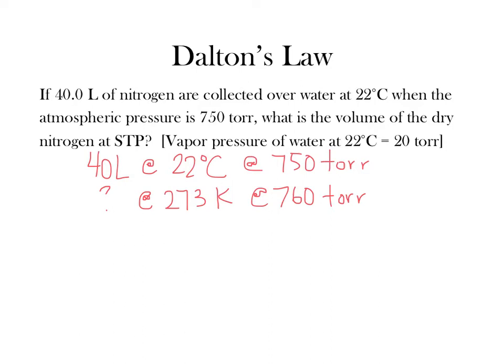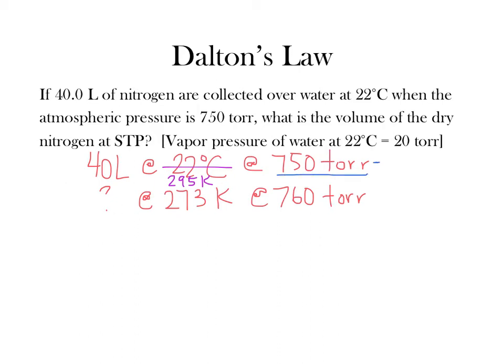Also, don't forget, every single time you see Celsius, change it into Kelvin. Always, no matter what, always. 22 plus 273 is 295. Okay, make sure you're always using Kelvin temperature. So the Dalton's law part of this problem says that 750 torr of pressure is the wet pressure.